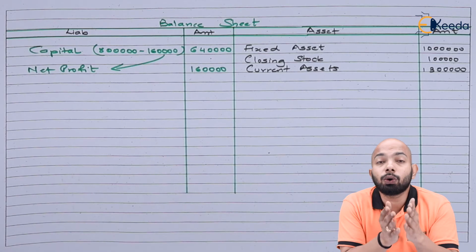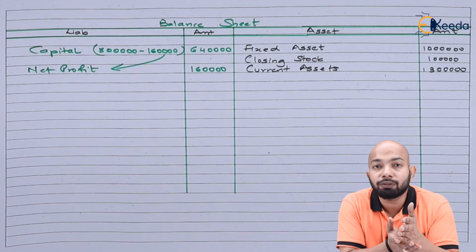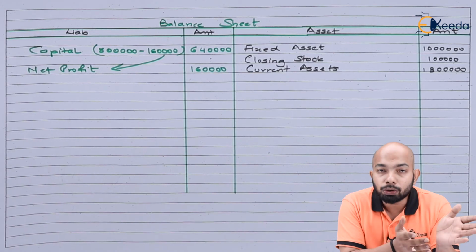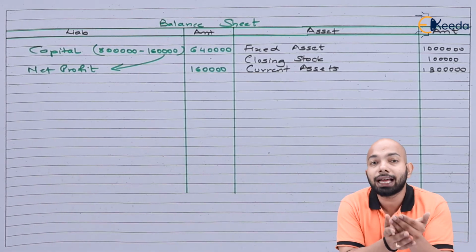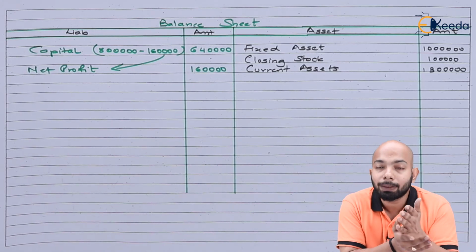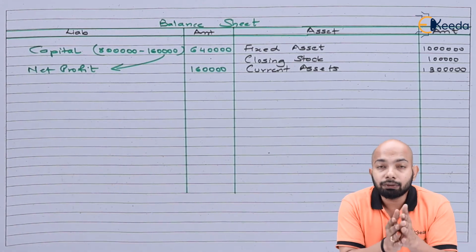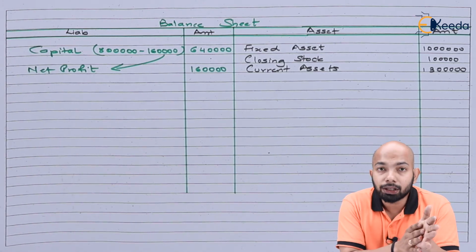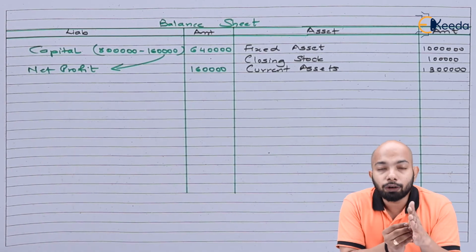However, if the question has already mentioned or provided you with the detail that this is the closing balance of capital, then don't do any deductions, just put that balance itself, because eventually the balance sheet will tally automatically, because the reserves will be apportioned automatically through that. However, if that hasn't been done and if the opening capital balance has been provided to you, make sure you always deduct the amount of net profit from that capital balance, else the question will be completely wrong for you.